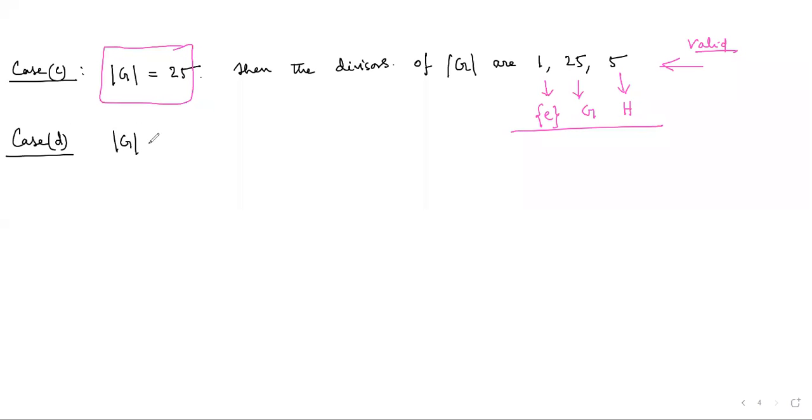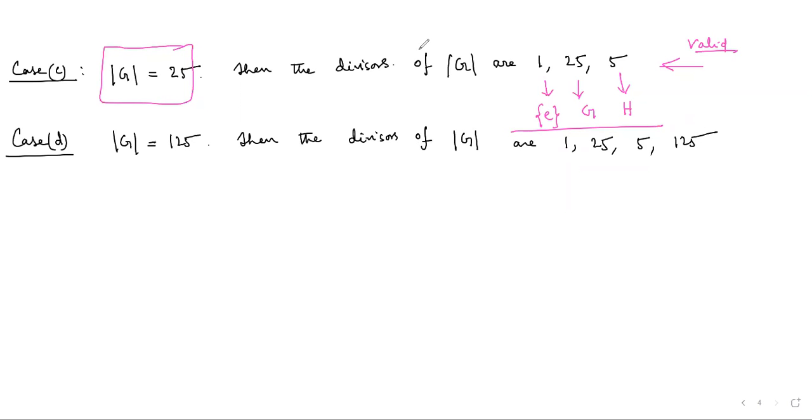If the order of G is equal to 125, then the divisors of the cardinality of G are 1, 25, 5, 125.